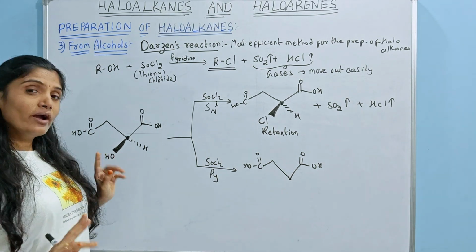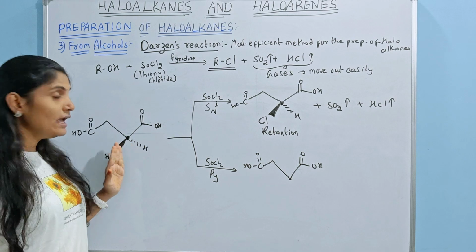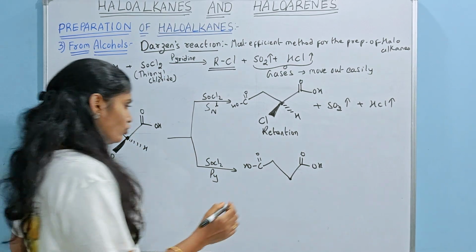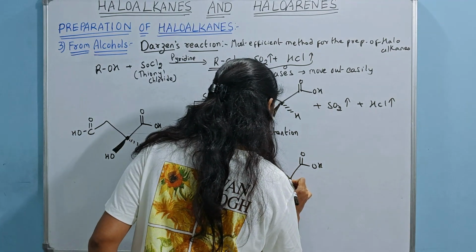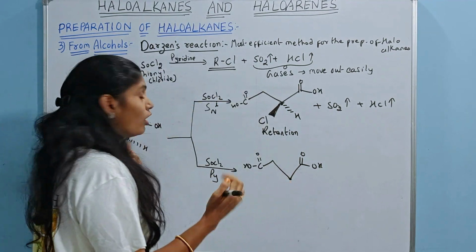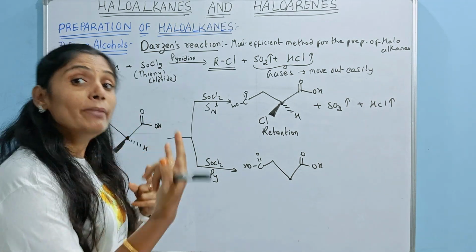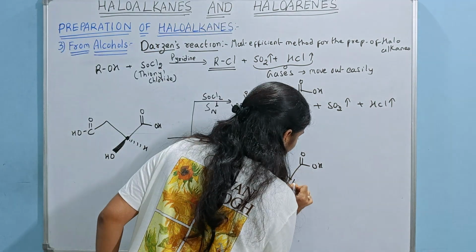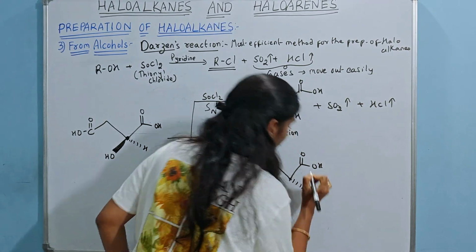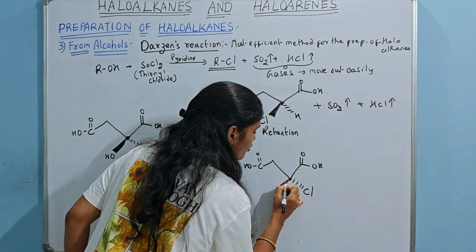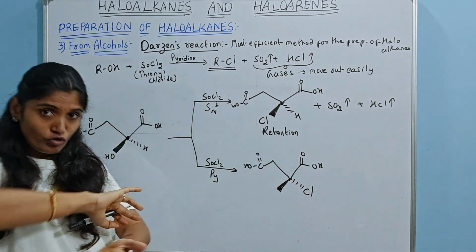It will not do that, it forms an inverted product, so it will take the orientation opposite to the side of the OH group. So if the OH group is present coming outside the plane of paper, the Cl minus will be attacking from behind the plane. And here now your H. There is inversion of configuration.